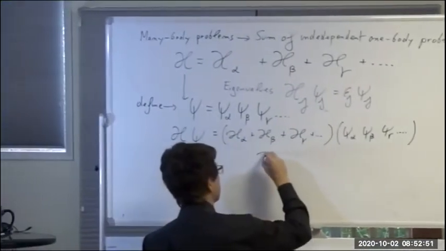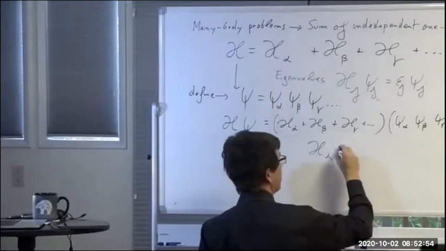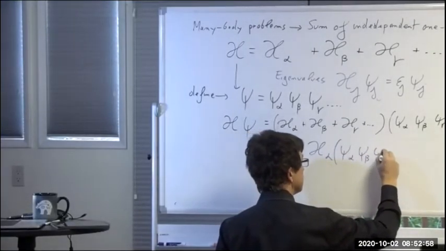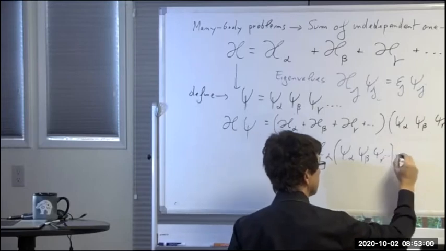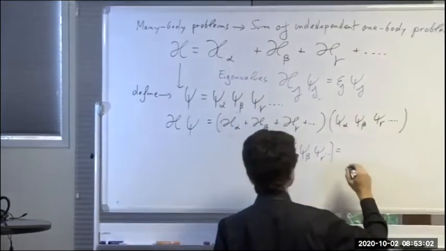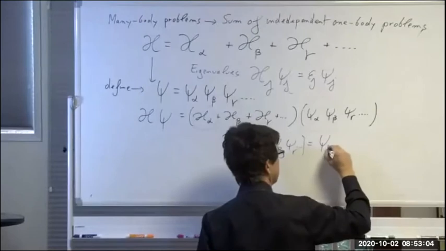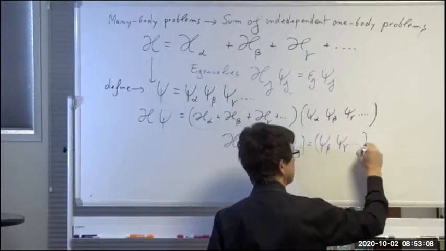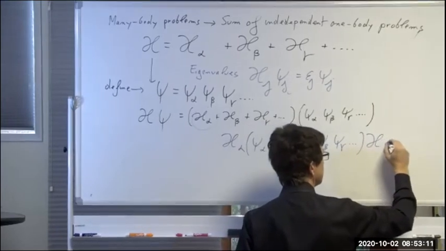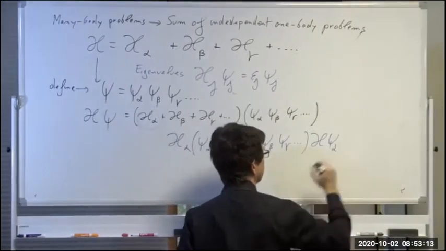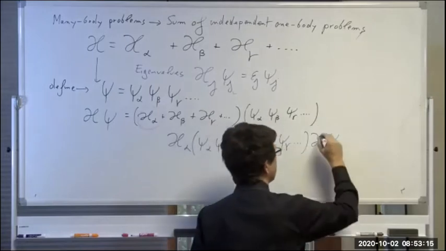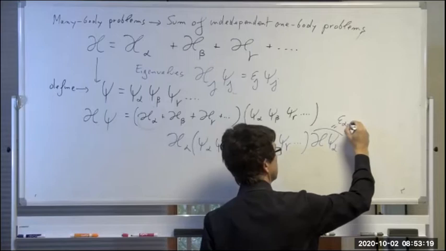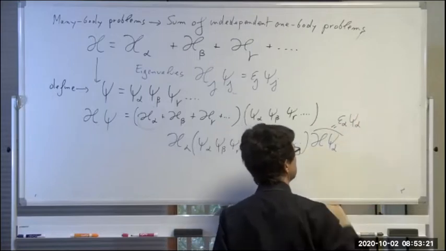So H alpha operating on the full wave function is equal to all the constant pieces shoved through, and then I get H alpha operating on psi alpha. And this I know because this is the one particle eigenvalue problem. This is epsilon times psi alpha.